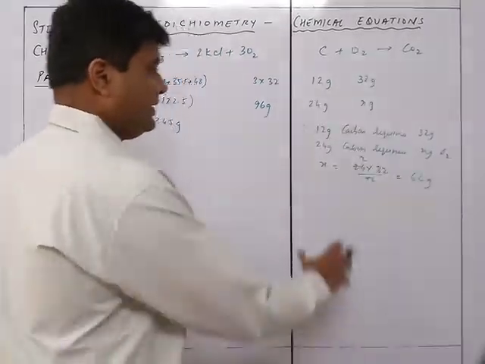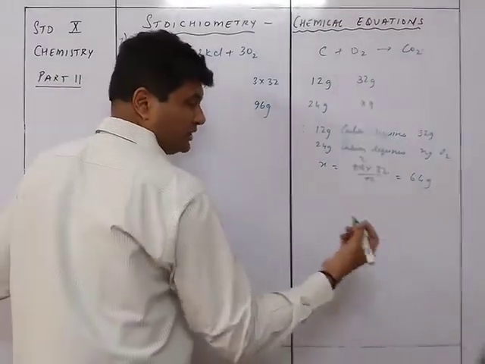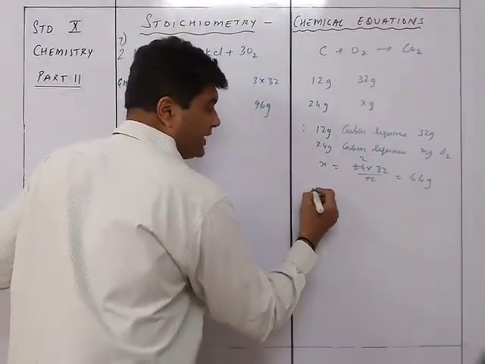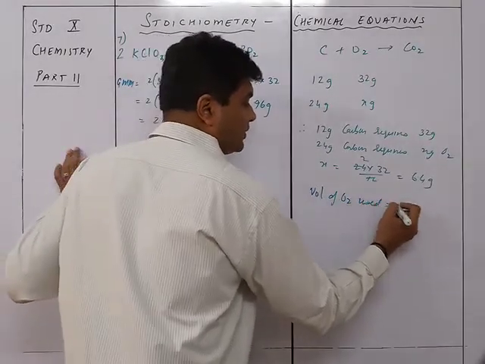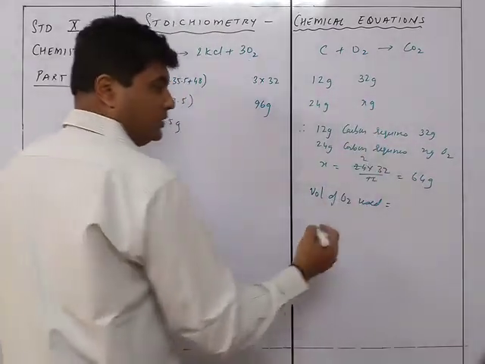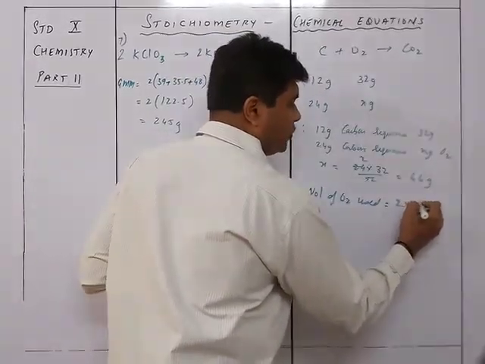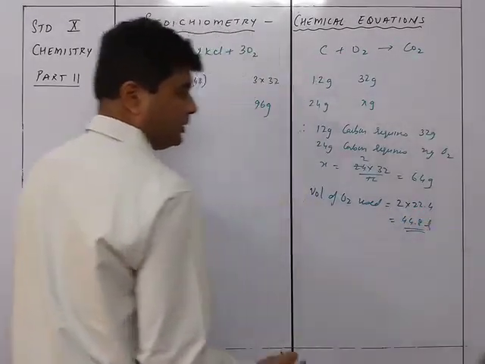Still, just for the sake of it, we can write that the volume of O2 used is, because it's 64 and normally 32 होता है तो double हो गया, so it will be 2 into 22.4 is equals to 44.8 liters.